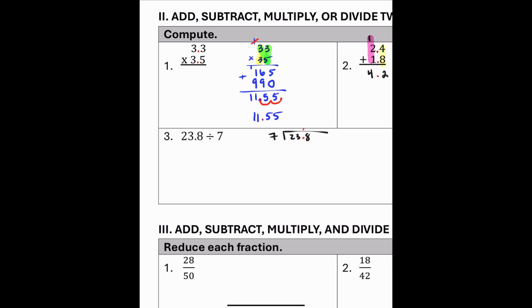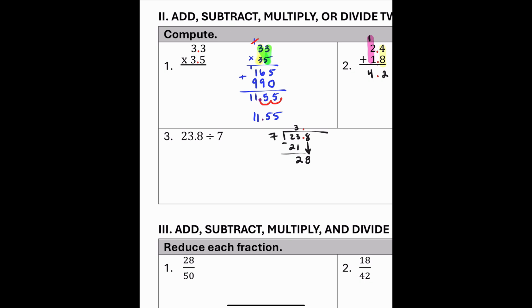So I'll write a 3 to the left of the decimal point and say 7 times 3 is 21. But don't forget, we're subtracting, okay? So 23 minus 21 is 2. We're going to drop down the 8. And then we ask ourselves, how many times does 7 go into 28?